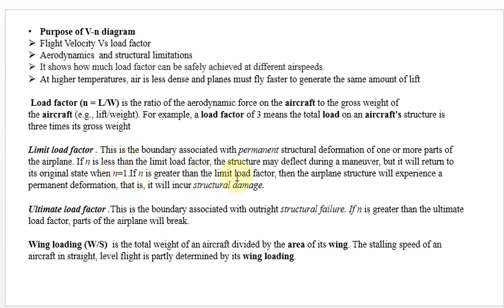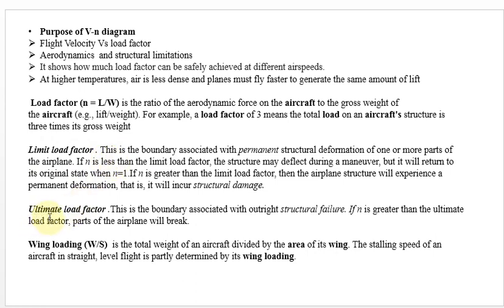If n is greater than the limit load factor, the airplane structure will experience permanent deformation, that is, structural damage will occur. So the limit load factor helps to find when structural damage will happen for a particular aircraft. When the aircraft is flying below the limiting load factor, it is safe, and when you come back to n equal to 1, the component returns to its original position, its original state. That is the purpose of the limiting load factor.